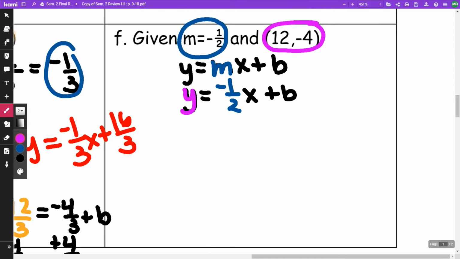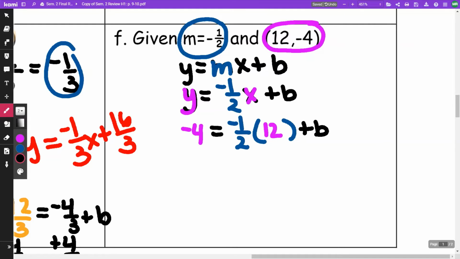putting it in for my y and my x. So I'm going to have -4 is equal to -1/2 times my x, which is 12, plus b. Now, when I work this out, I'm going to get -4 is equal to, half of 12 is 6, so this is going to be -6 plus b.